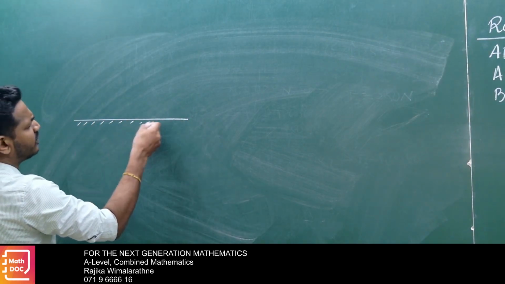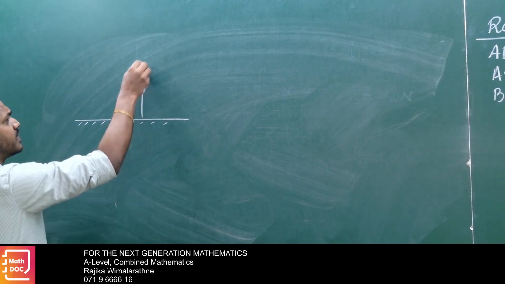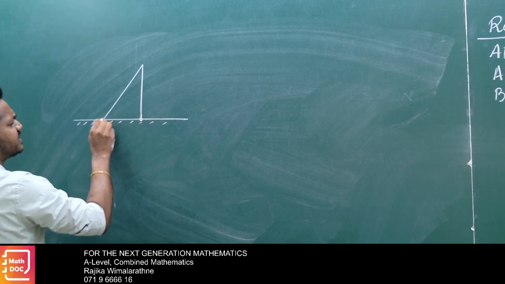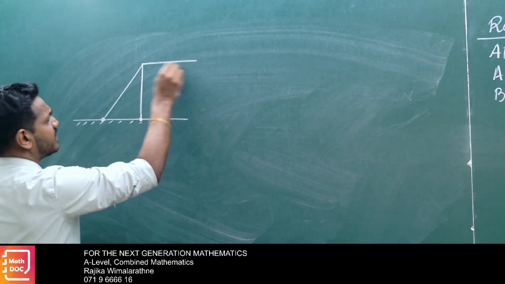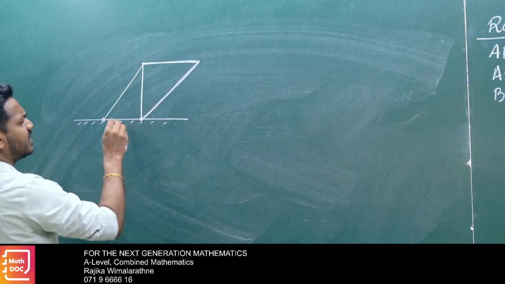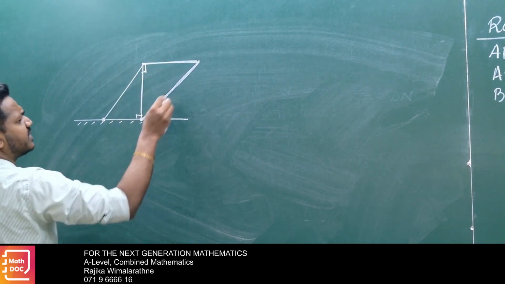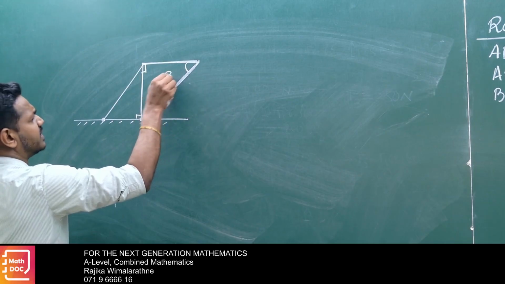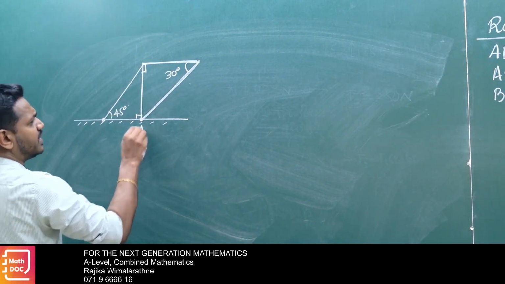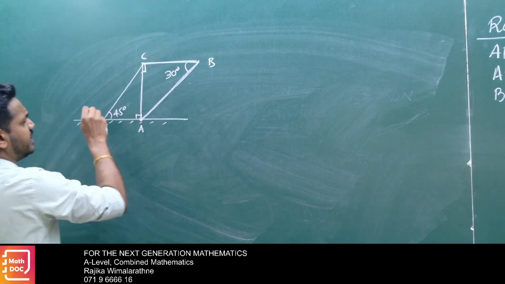Here the floor. Two rods are connected like this, another horizontal rod, another inclined rod. Here 90, 90. Here 30 degree. Here 45 degree. Here A, B, C, D. Start with me.